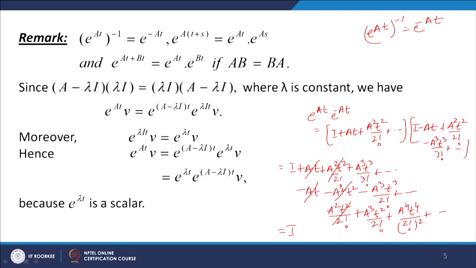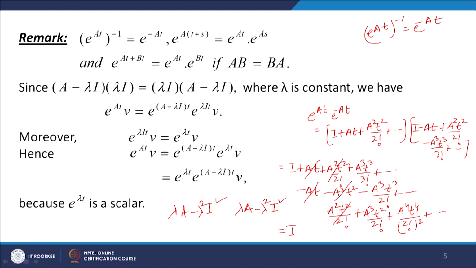Now, let us look at these two matrices, a minus lambda I, okay. A minus lambda I into lambda I is same as lambda I into a minus lambda I. Why? Because a minus lambda I into lambda I gives lambda a, okay, and then minus lambda I into lambda I is lambda square I square, so we get lambda square I. Left hand side is this, and right hand side is lambda into I a, that is lambda into a, and then minus lambda I into lambda I, which is lambda square I square, so lambda square I. So left hand side and right hand side are same.